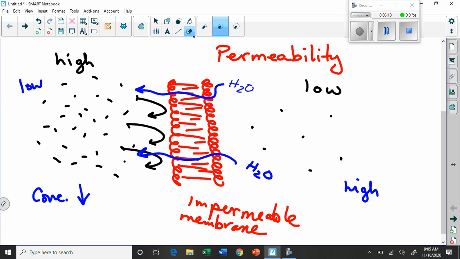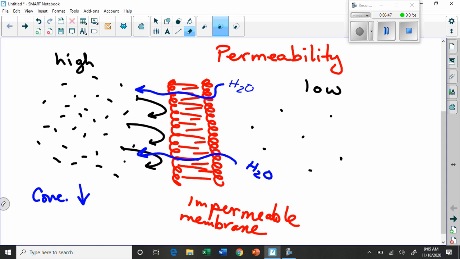Unfortunately, we don't use those definitions. We always describe a gradient according to the solute concentration. So although it's a convenient way to think of it, by definition, that's not the way it's described. It's described as water moving from low concentration to high concentration. And the reason is because the natural diffusion from high to low is blocked by an impermeable membrane.